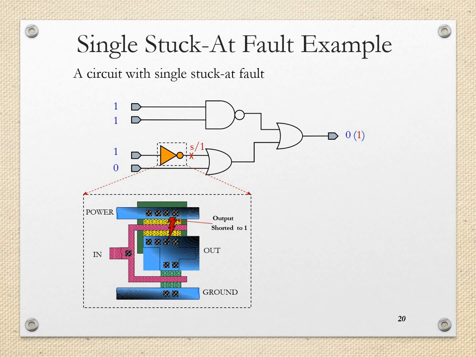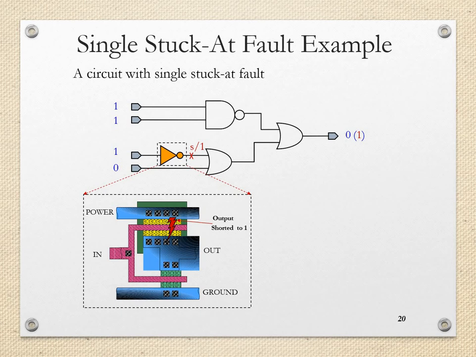But as this inverter output is stuck to 1, the output of the second OR gate will be logic 1, hence the output of the next OR gate will also be logic 1. So without fault, the output will be 0, with fault, the output will be 1. So this is a particular set of inputs which will verify this fault. Instead of this, if the inputs to the NAND gate are 0 and 1 or 0, 0, the fault cannot be detected.